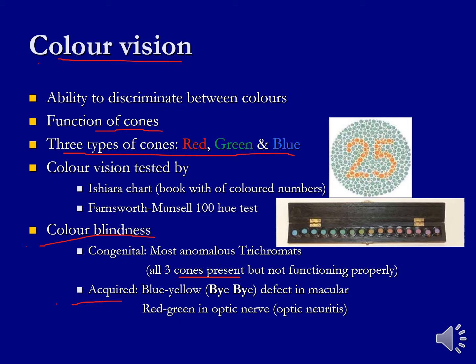In the acquired color vision defects, there are two types of defects: the blue-yellow defects, which I have described with the help of the mnemonic bye-bye, B for blue and Y for yellow. Blue-yellow defects are in macular pathology, while the red-green defects are in optic nerve pathology.